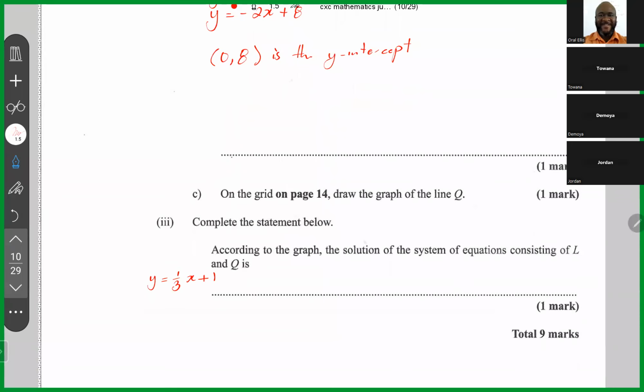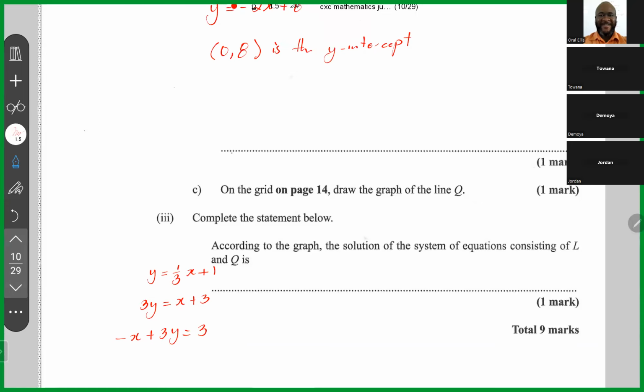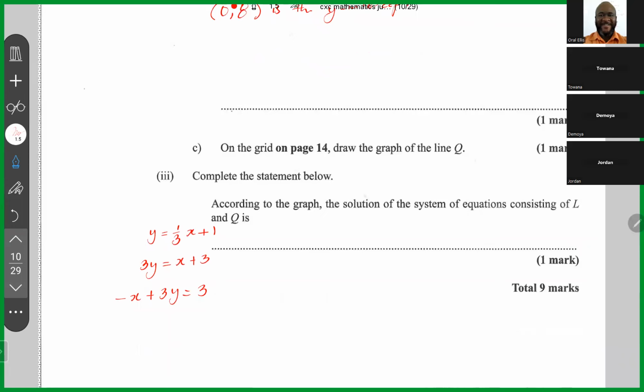This is the same as saying 3y is equal to x plus 3. And let's multiply the entire equation by 3. This is the same as saying minus x plus 3y is equal to 3. So when they're talking about systems of equations, what they're basically talking about is the solution of simultaneous equations.